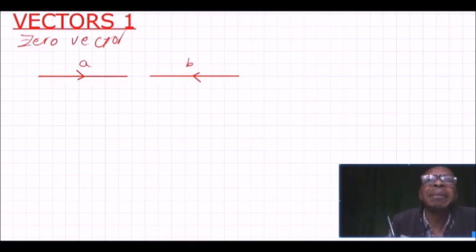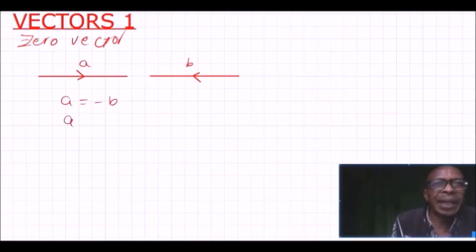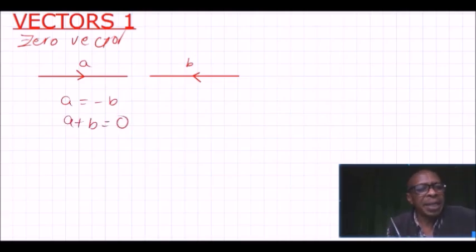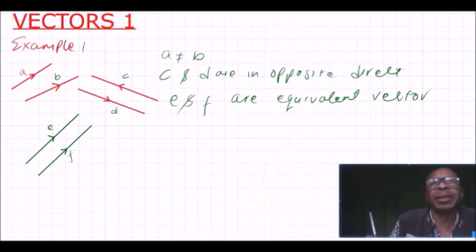It means that vector A is equal to minus vector B, and therefore A plus B is equal to 0. That is what we call the zero vector. From there, we look at multiplication.